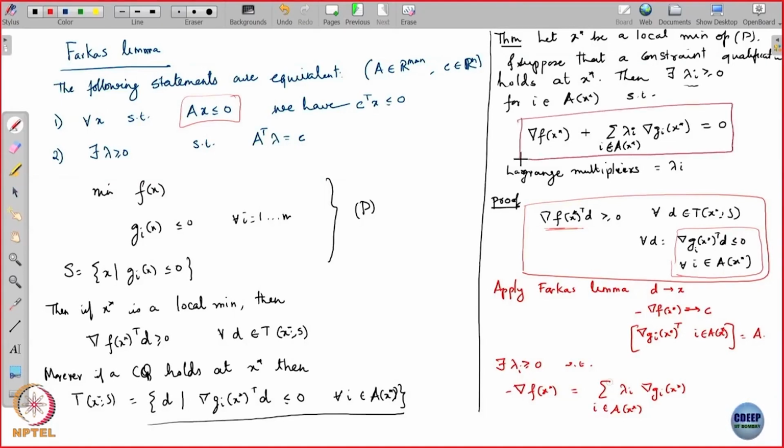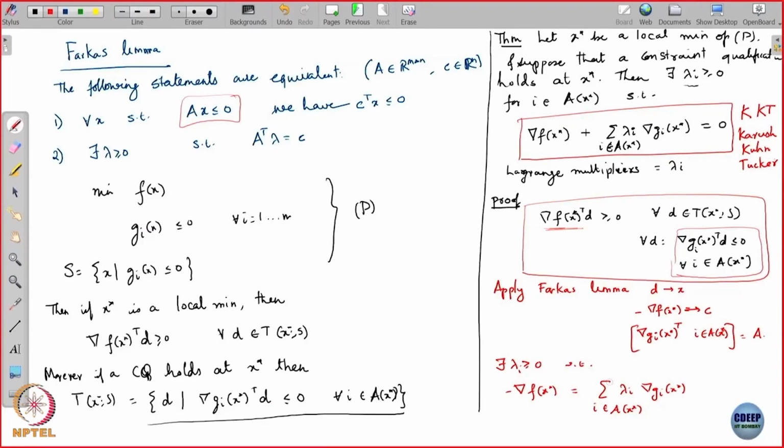This is called the KKT condition. KKT stands for Karush Kuhn Tucker conditions. These give you necessary conditions for x star to be a local minimum of an optimization problem, assuming a constraint qualification holds.